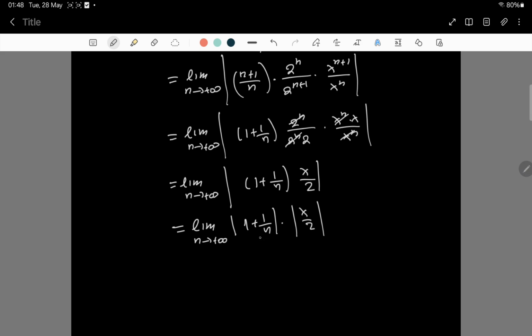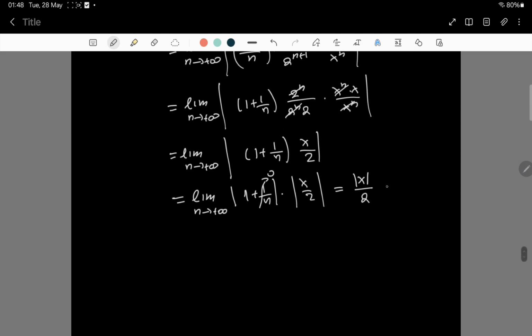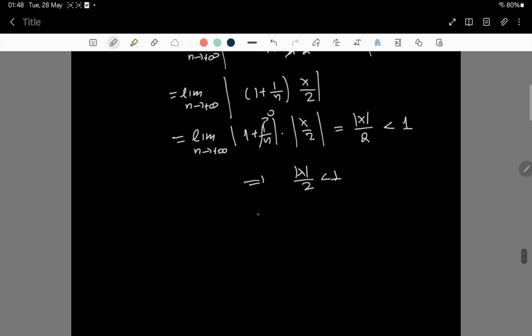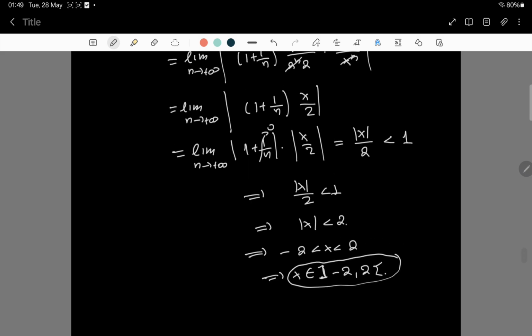As n grows to infinity, 1 over n goes to 0, and you have the absolute value of x divided by 2, and this should be strictly less than 1. So the absolute value of x is strictly less than 2, so x is from minus 2 to 2. And this is the radius of convergence.